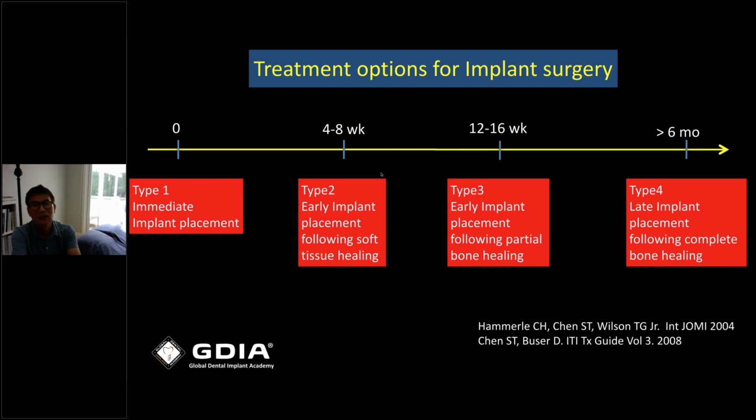And then 12 to 16 weeks, the bone healing is obviously much later, so partial bone healing. Type 4 is about 4 to 6 months, with complete bone regeneration, and then you place the implant and control the soft tissue.